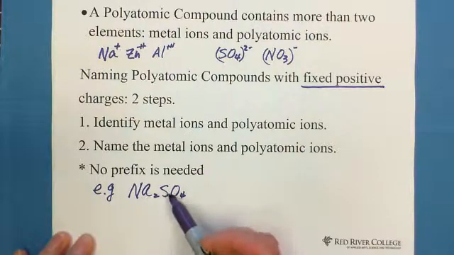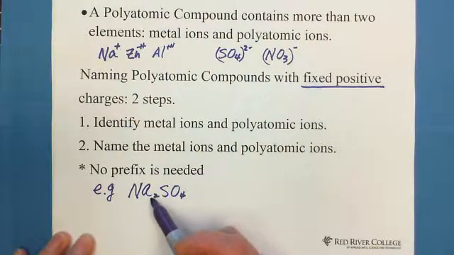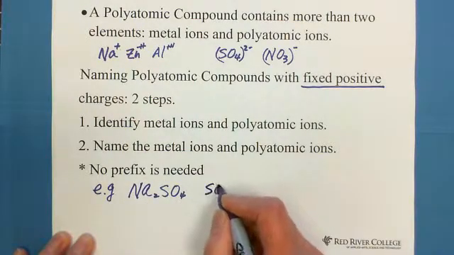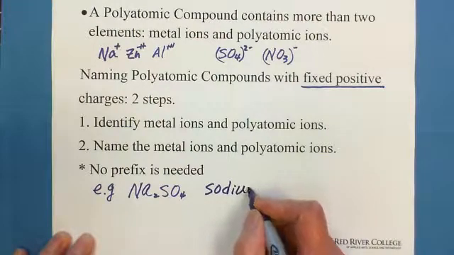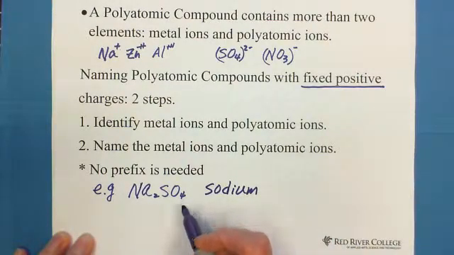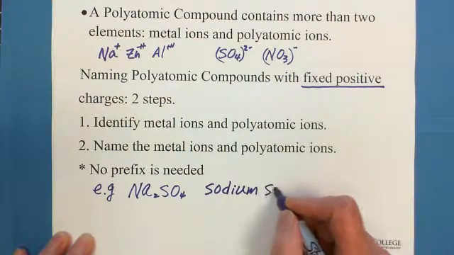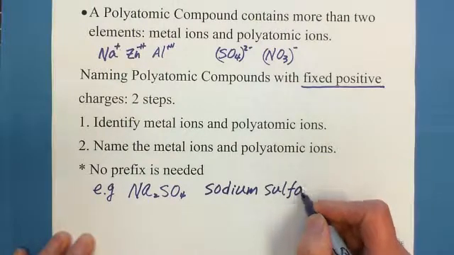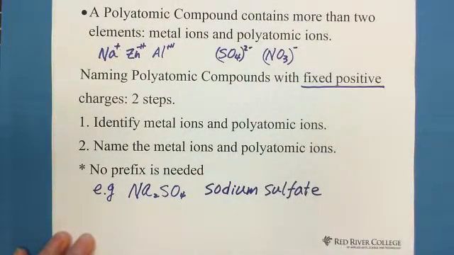So when naming, we don't need to worry about this 2. We just call the names. Na is sodium, SO4 is sulfate. That's it.